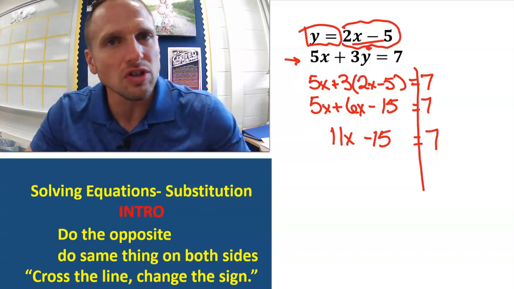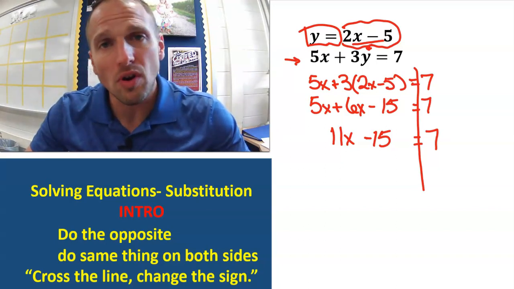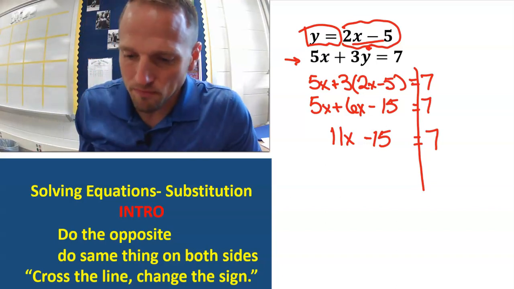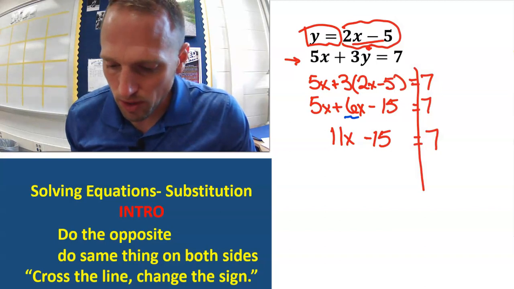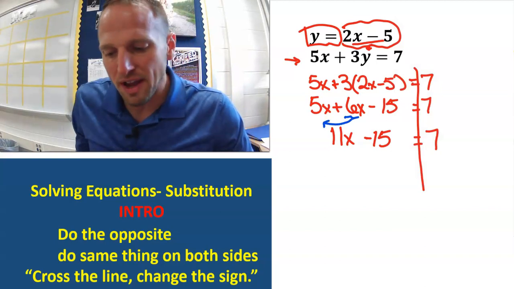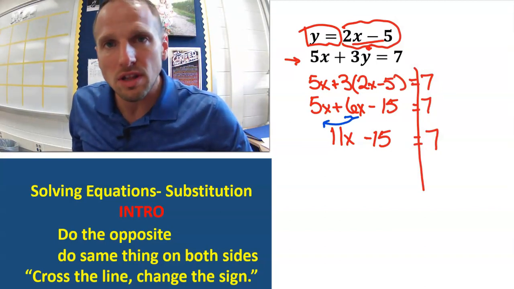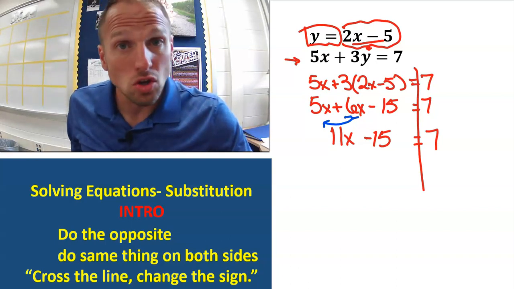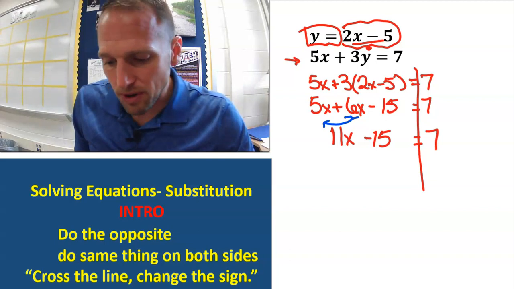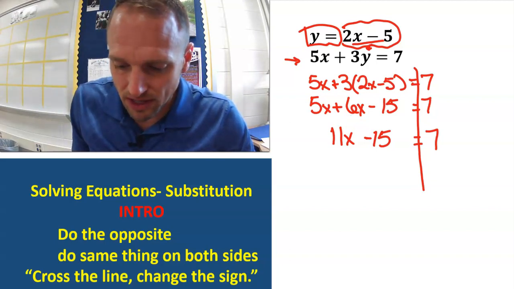Because you remember the phrase cross the line, change the sign? I'm going to put this in blue so it stands out. When I bring this 6x over here with the 5x, did I go across the line? No, I didn't. So do I change the sign? No, I don't. That's why we keep it as a positive 6x.